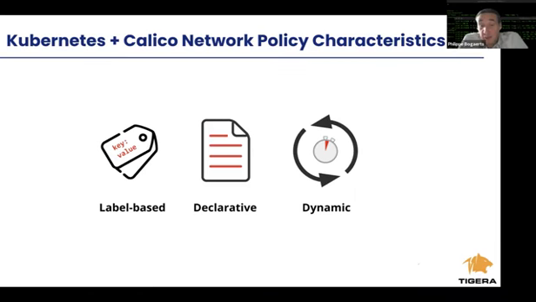When you do kubectl apply, you make a declarative statement saying that these pods, no matter where they are, no matter when they are started, need to be applied with this security policy, which also is, of course, why it can be dynamic. Labels are dynamic, so for that reason.